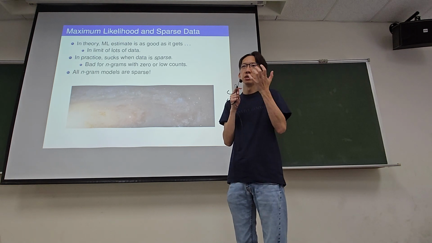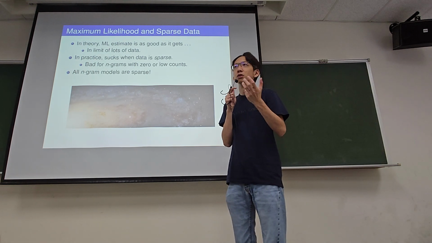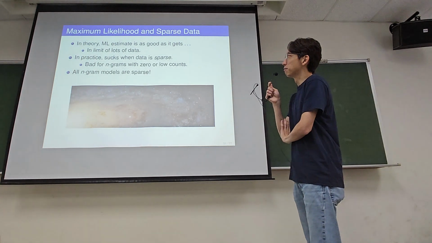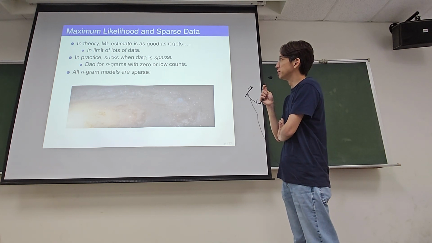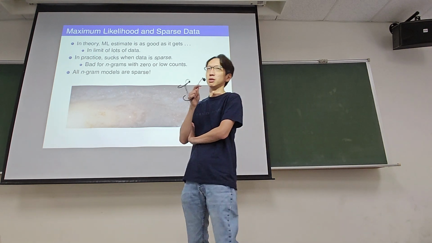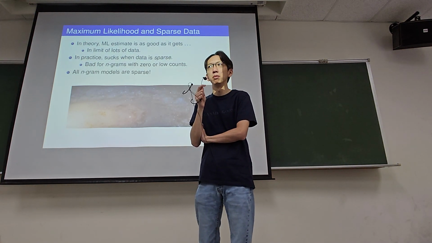So if you don't see enough data, even the parameters that maximize the data likelihood are bad parameters. In practice, when the data is sparse, it is bad for n-grams with zero or low counts. These n-gram models are very sparse. There are lots of grams that you just don't see, and when you don't see them, the probability is 0.